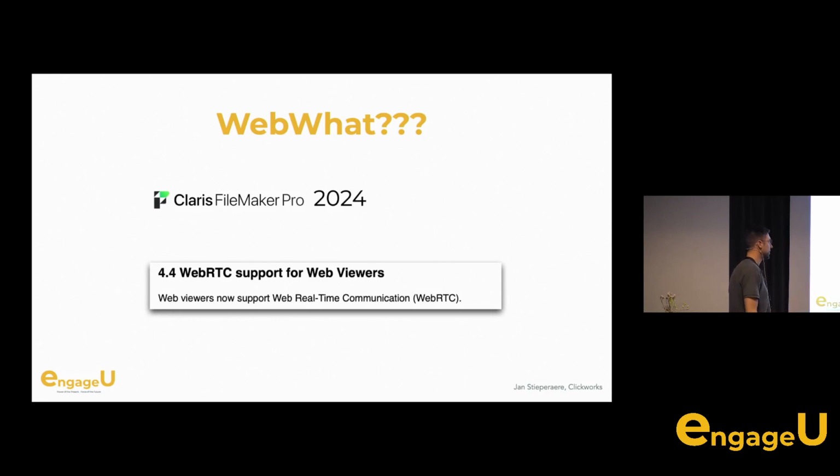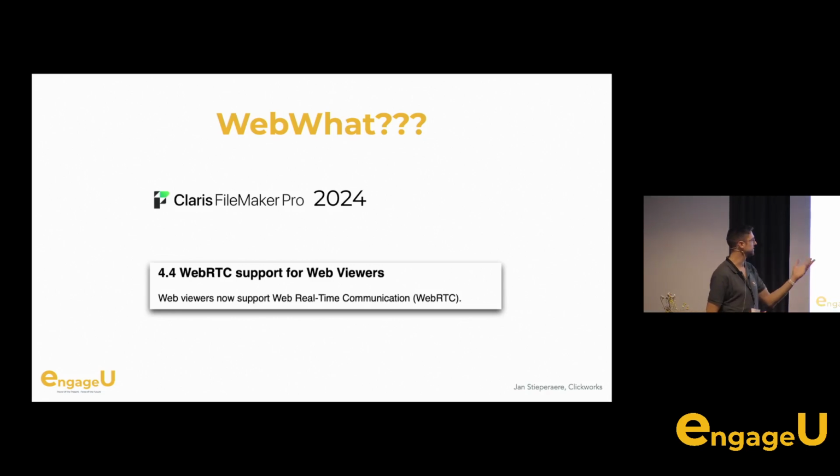At that time, one year ago, I never heard about it. But the title was cool: web viewers now support web real-time communication. So I started digging, reading about it, checking YouTube movies, and yeah, what is it about?